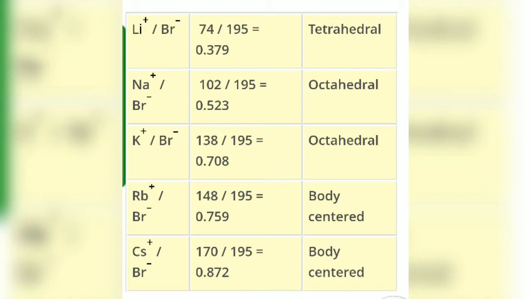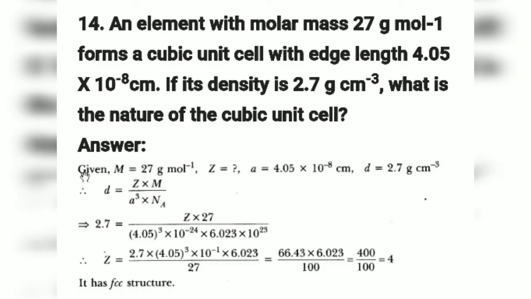So you can see the lithium ion divided by the bromide ion, the sodium ion divided by the bromide ion, the potassium ion divided by the bromide ion, the rubidium ion and the cesium ion, each also divided by the bromide ion. In each case you divide the given numbers and get an idea of which type of structure your ionic compound belongs to. Okay, let us see the next numerical.